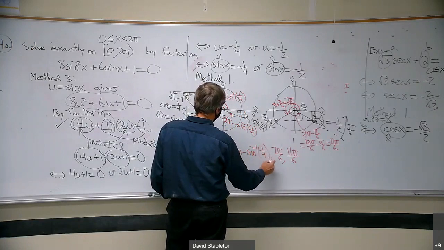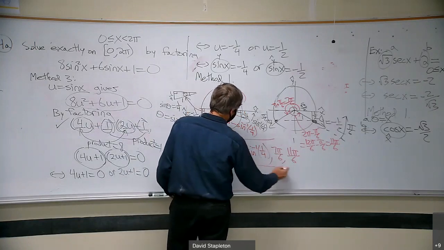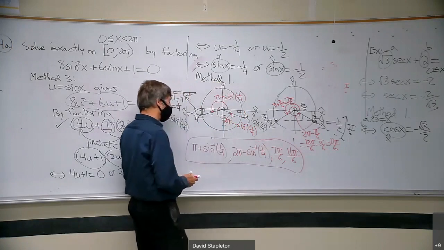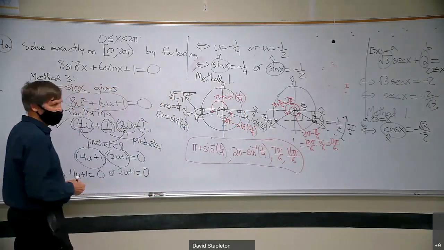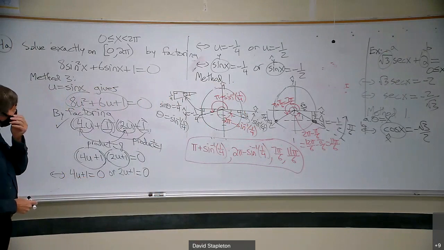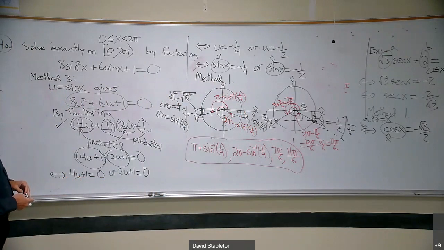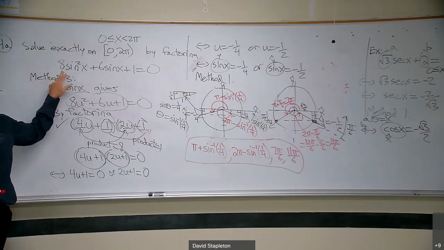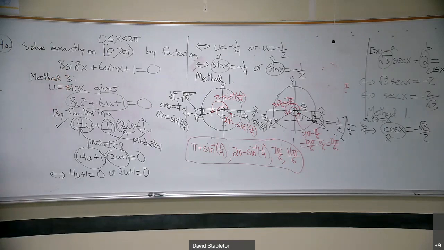And if you look on the back of your homework sheet, this is the answer to that problem then. Those 4 angles are the exact representations as best we can put them for the solutions to this original equation. Now, any questions? That was a pretty hard one, huh? That's about as hard as they get, though.